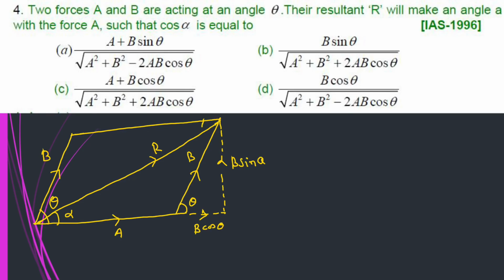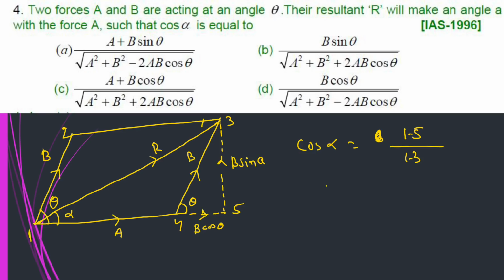We will number the points 1, 2, 3, 4 and 5. 4 to 5 is B cos theta, 3 to 5 is B sin theta. Then for the resultant, we have to calculate cos alpha. In triangle 1, 3, 5, cos alpha is 1, 5 divided by 1, 3.